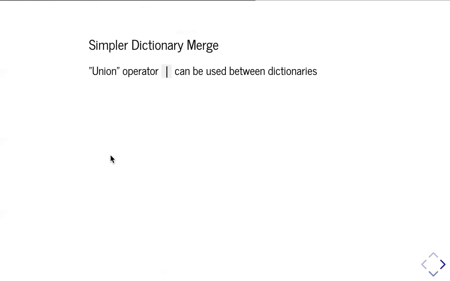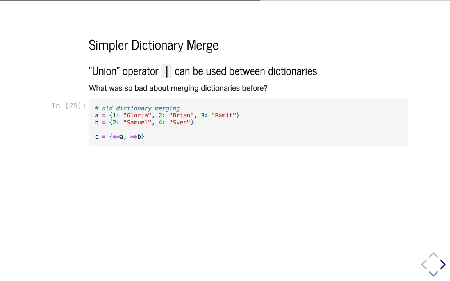Dictionary merge. The union operator, pipe, which is the shift backslash key, can be used between dictionaries. But what was so bad about merging dictionaries before? So here was the old dictionary merge. Here you have one dictionary, it's got a few names and numbers.